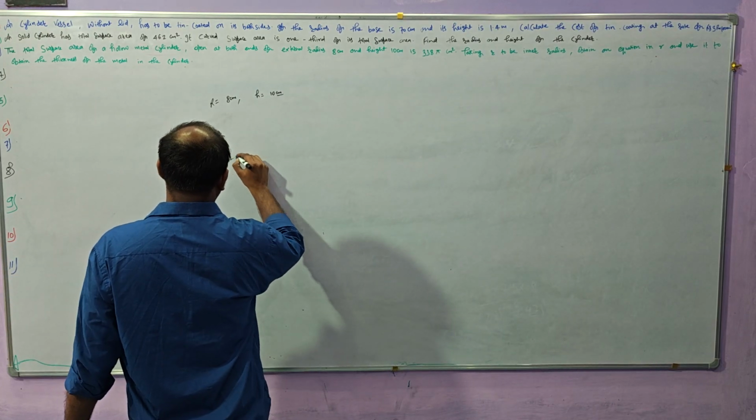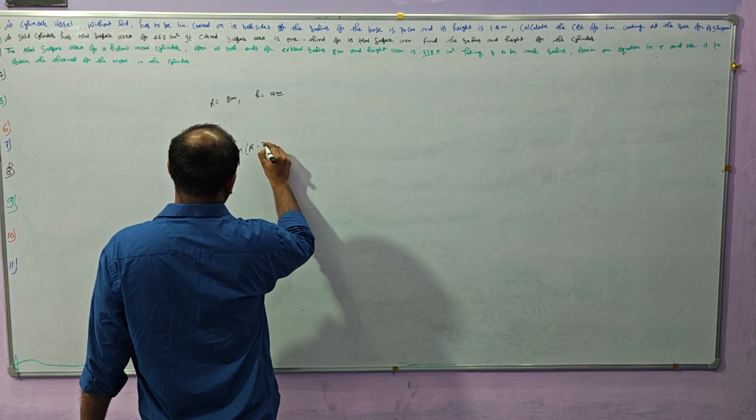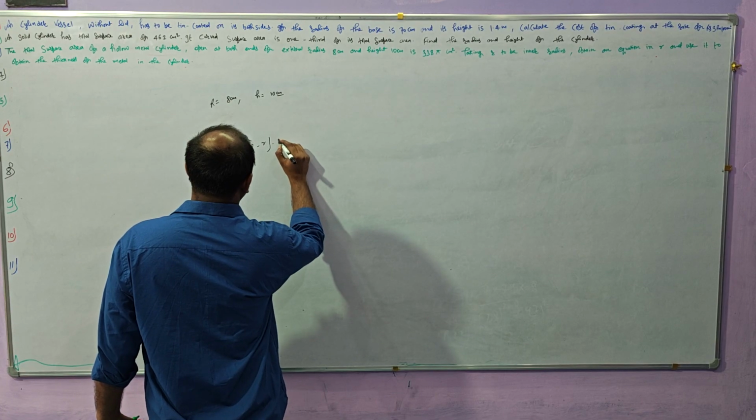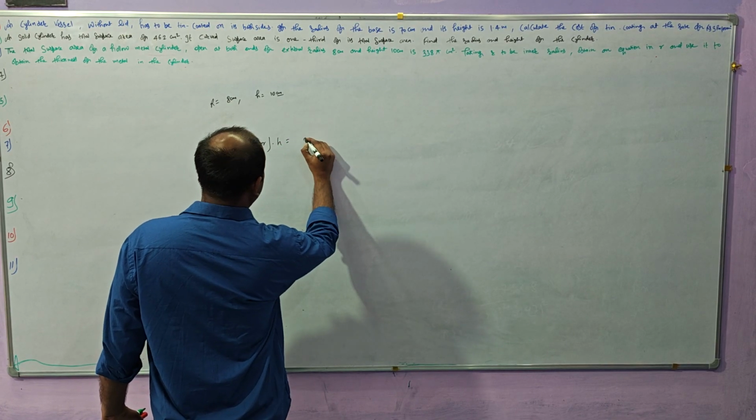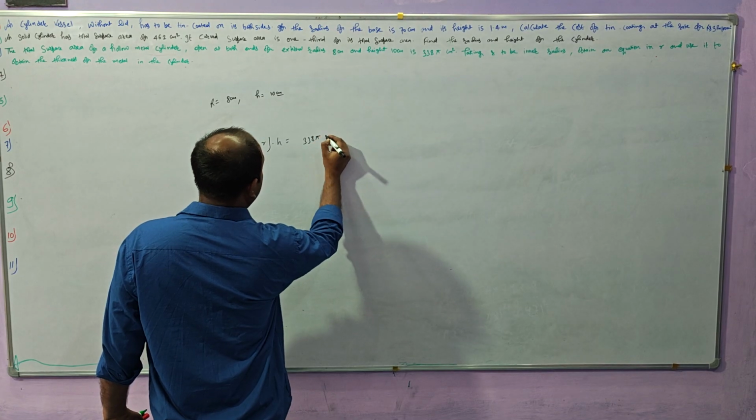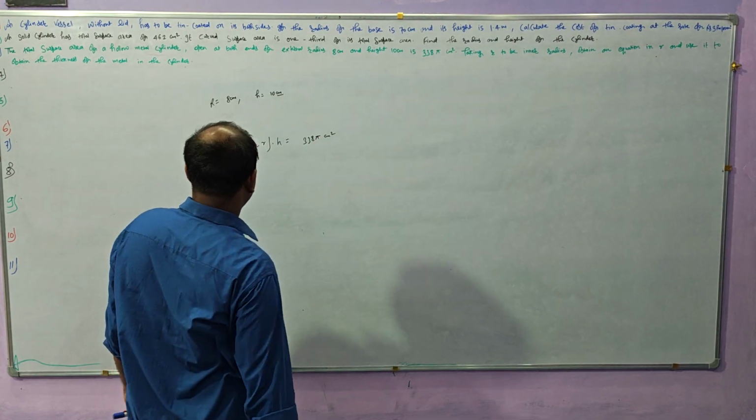So we have 2 pi (R minus r) into h, that is equal to 338 pi centimeter square.